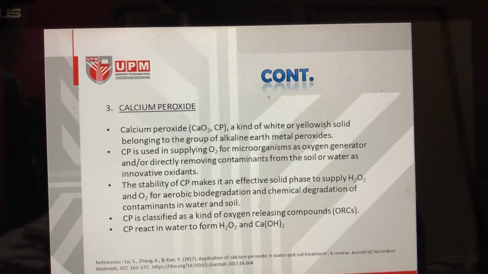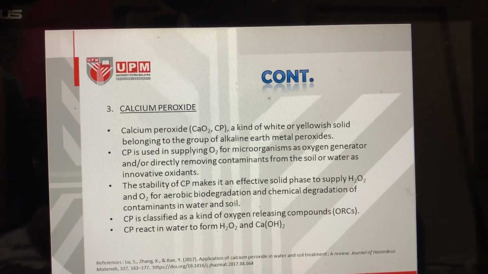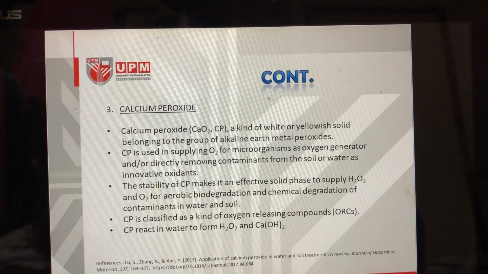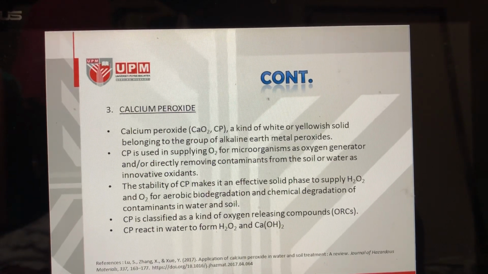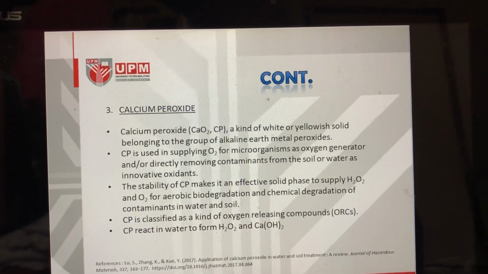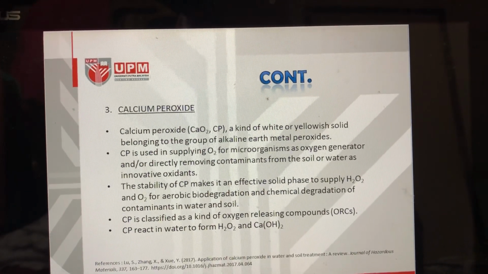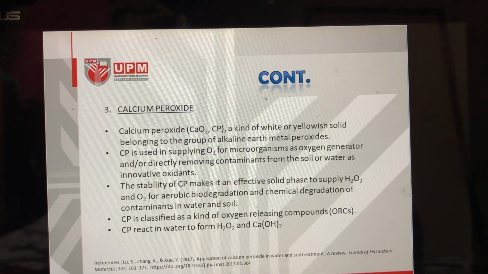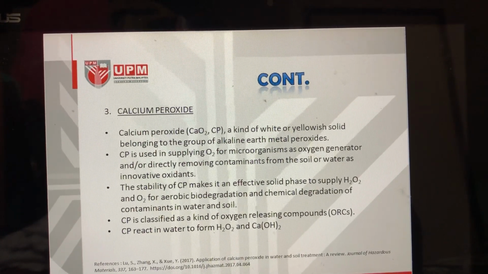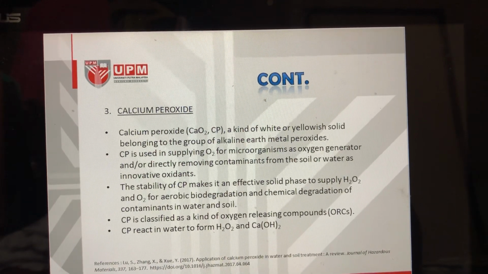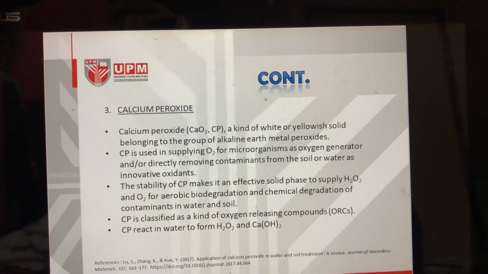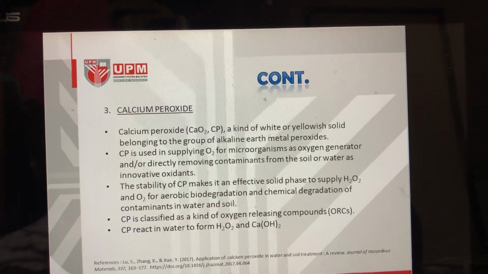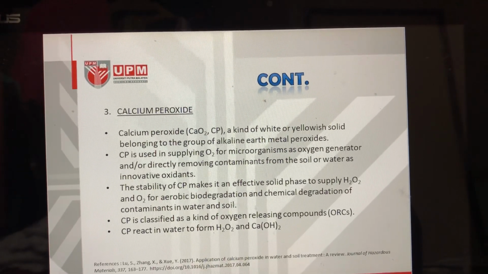In the application of calcium peroxide in water and soil treatment, several studies found that calcium peroxide is a more effective source of hydrogen peroxide than liquid hydrogen peroxide for modified Fenton. As is well known, modified Fenton chemistry in the subsurface involves the catalytic decomposition of hydrogen peroxide by iron(II) or iron(III) or native iron-containing minerals to form hydroxyl radicals.